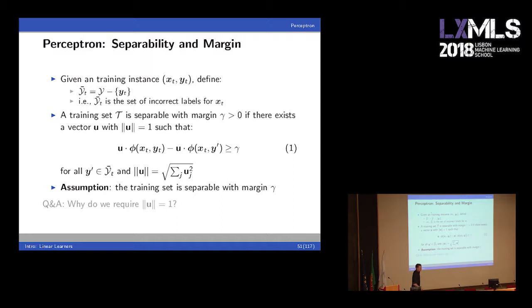Okay, so one question, just to check if you're still awake: why do we require that the norm of u here has to be 1? Why can't we just assume an arbitrary weight vector u?